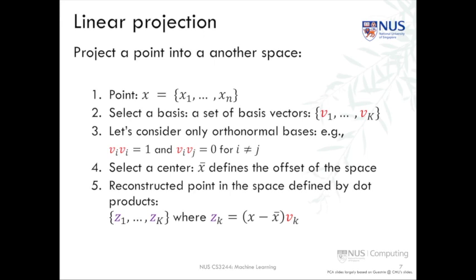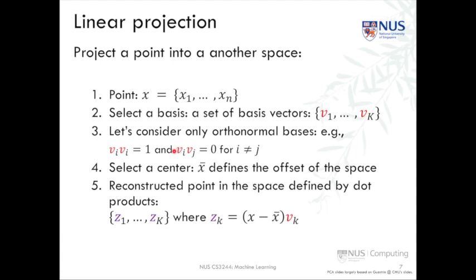While the example looked at projecting a 2-dimensional space into a one-dimensional space, this is a general problem where we can take a high-dimensional space of any size and project it into a lower-dimensional setting. Here what we want to make sure is that we consider only orthonormal bases, where each basis vector, when multiplied by itself, will have a unit value, and all of the basis vectors chosen are orthogonal to each other.